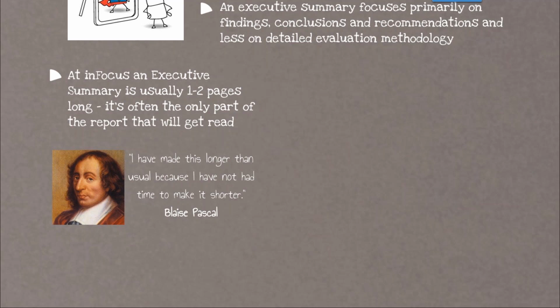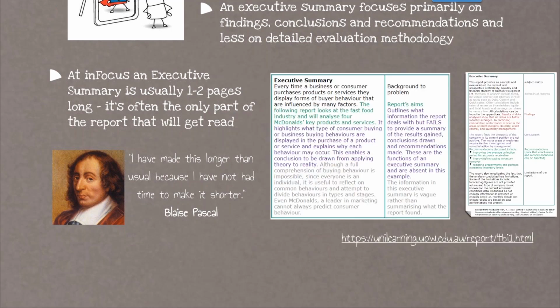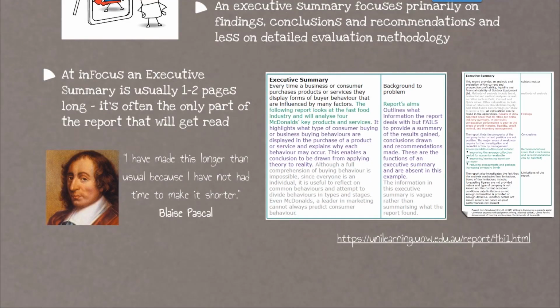It takes time to make a lengthy report snappy and to the point, and to abbreviate some of those longer, probably more complex conclusions into 2 pages. With that in mind, we've got a couple of examples here because of the real importance of the executive summary.